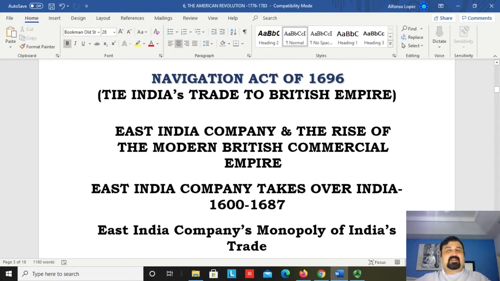This is an international trading company that the British created in 1600 for the purpose of bringing spices from the Far East, particularly from the subcontinent of India. This is the major producer of spices. So the British, besides establishing colonies in America, are also concerned with the spice trade.